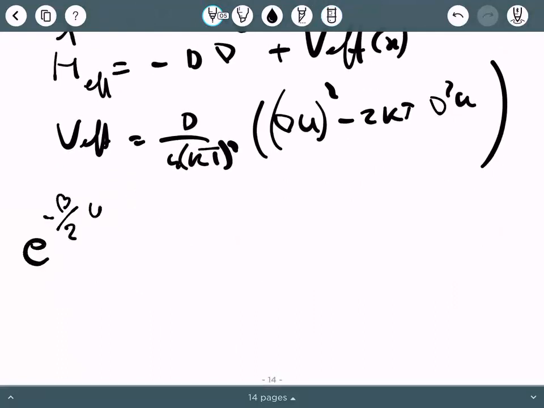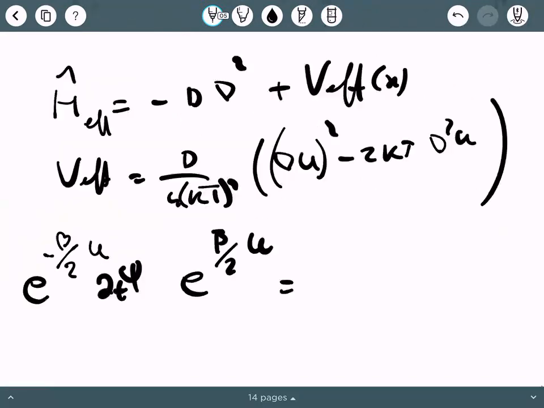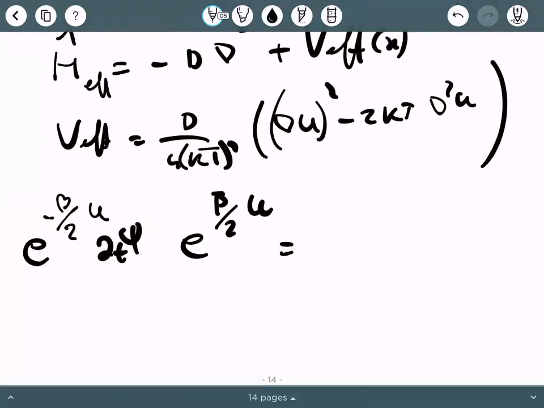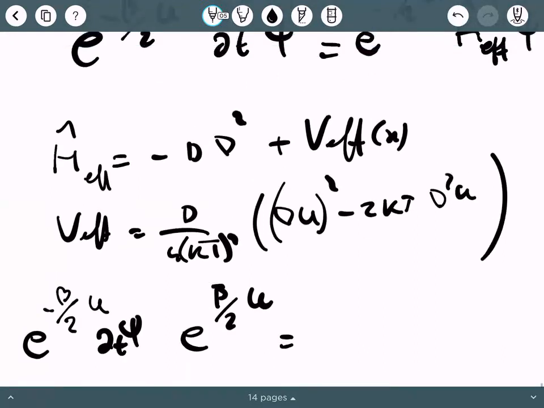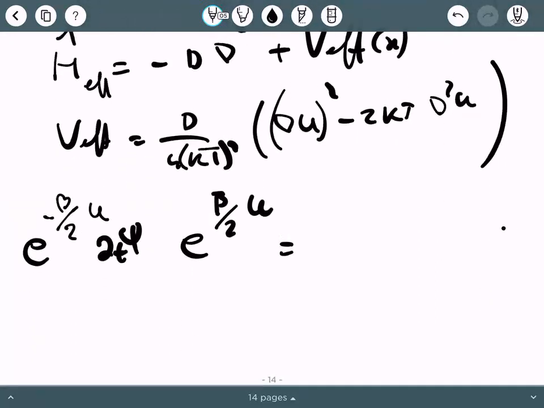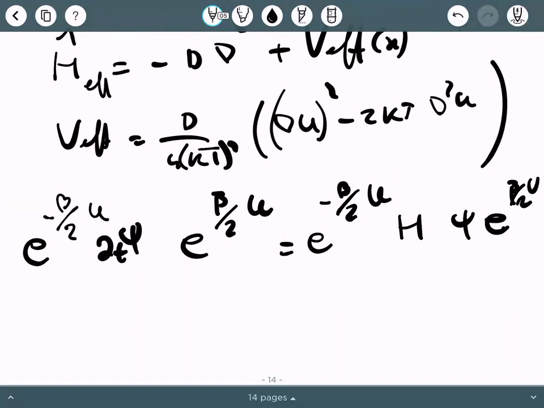So this is all being multiplied on the right.